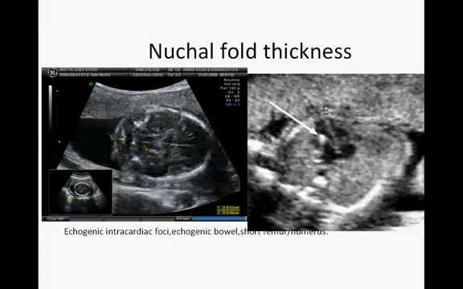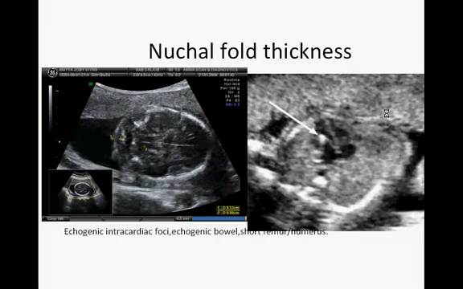Nuchal translucency is important in 11 to 14 weeks. You need to understand the difference between nuchal translucency and nuchal fold thickness. The nuchal translucency is measured in the sagittal section with the proper magnification, and it is measured in 11 to 14 weeks, whereas nuchal fold thickness is relevant from 14 to 22 weeks.